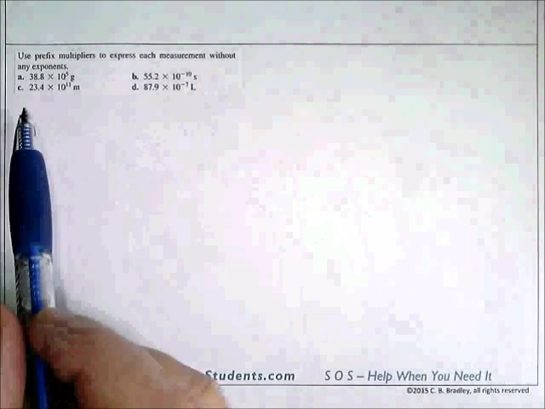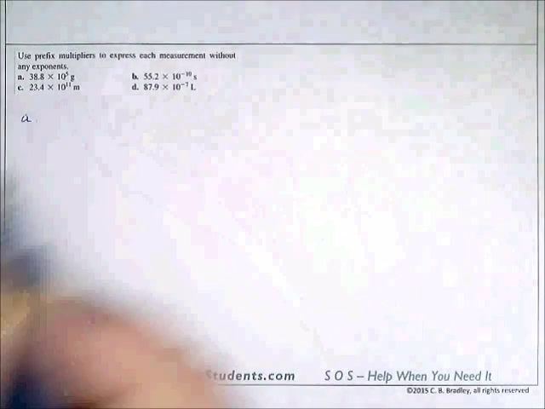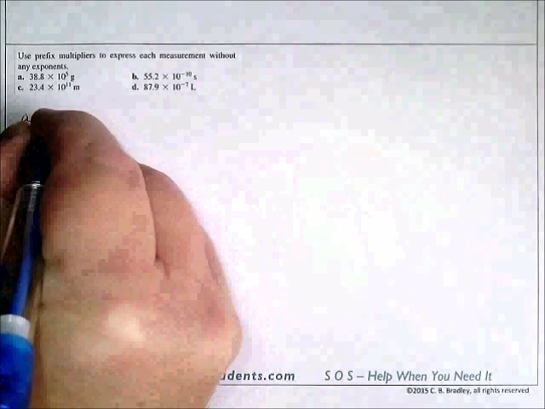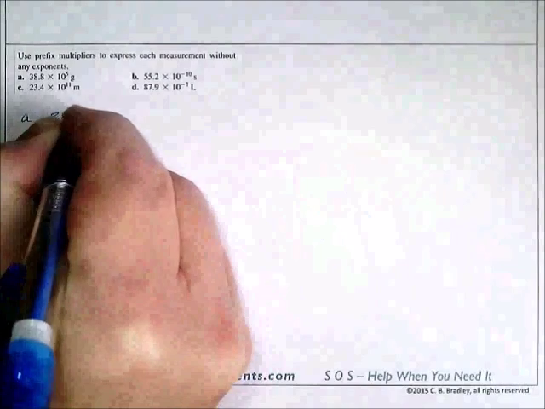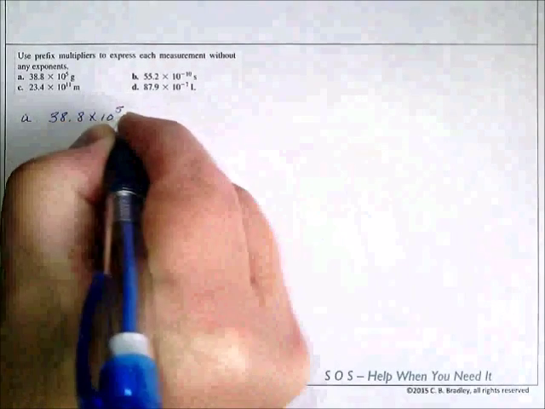So for problem A, we want to go from 38.8 times 10 to the 5th grams.